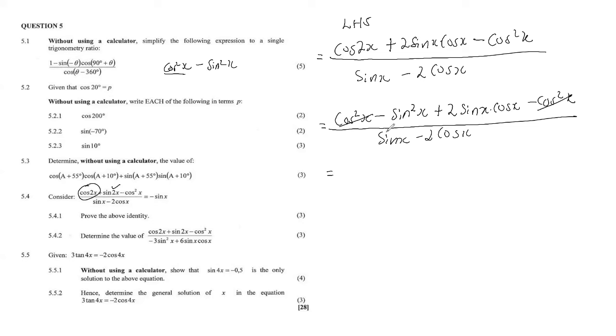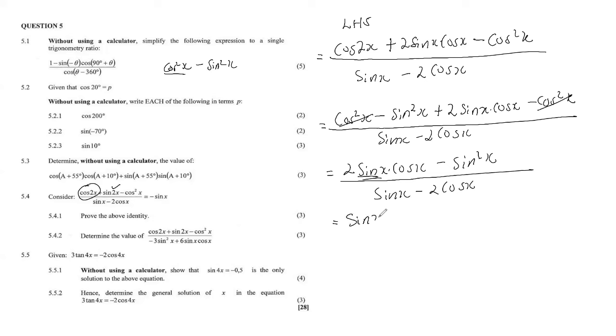And then here I'm left with, let's write it as the 2 sine x cos x and then minus sine squared x. And then below I have sine x minus 2 cos x, right? Then this can now be, considering that now I have a common factor of sine x, I can say this now can be factored out to the sine x.